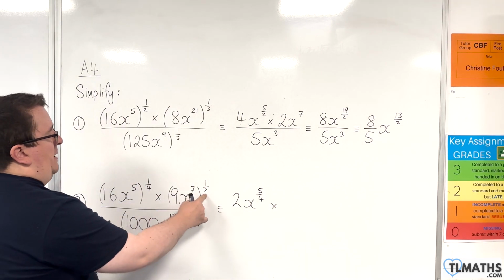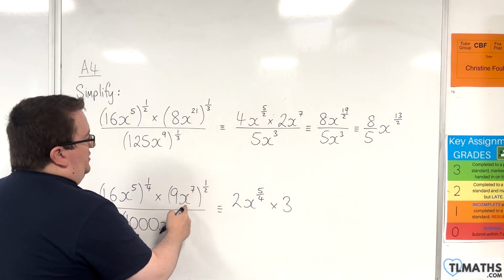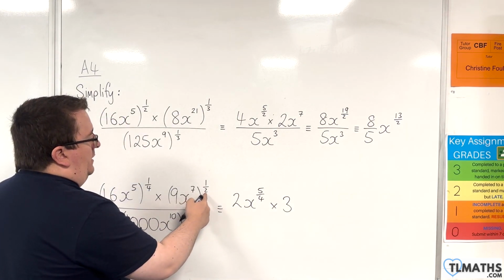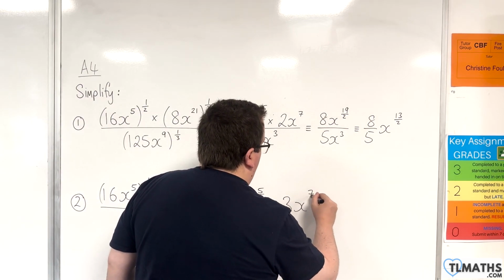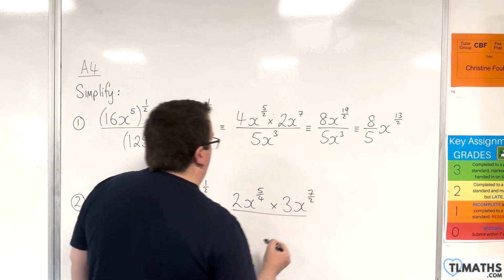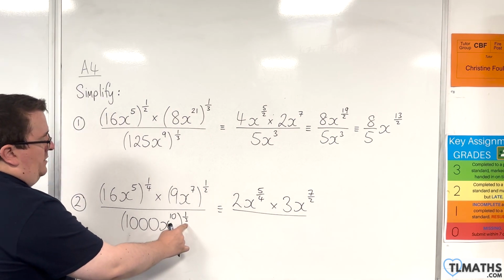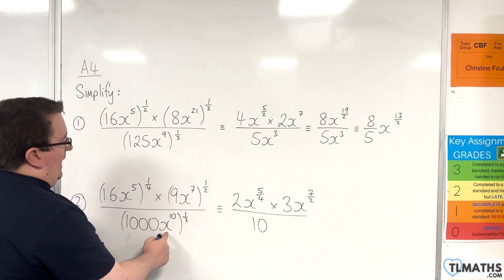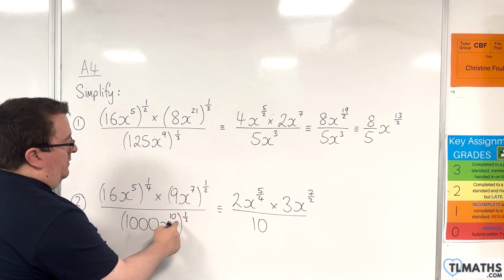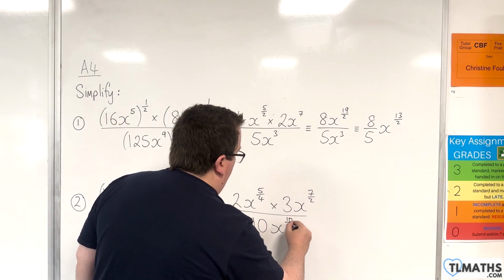Then we have 9 to the power of a half, so the square root of 9 is 3. x^7 to the power of a half, 7 times 1 half, 7 halves. Then in the denominator we have 1000 to the power of a third, so the cube root of 1000 is 10. x^10 to the power of a third, 10 lots of 1/3 is 10 thirds, so x to the 10 thirds.